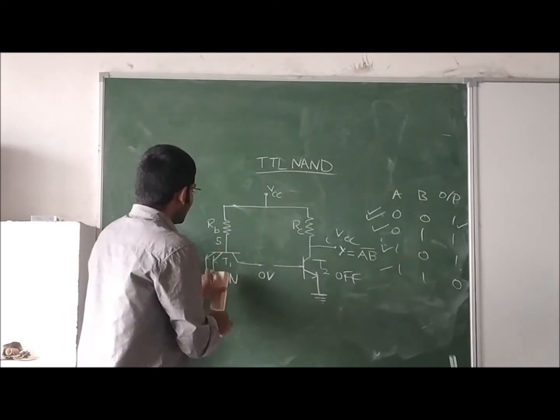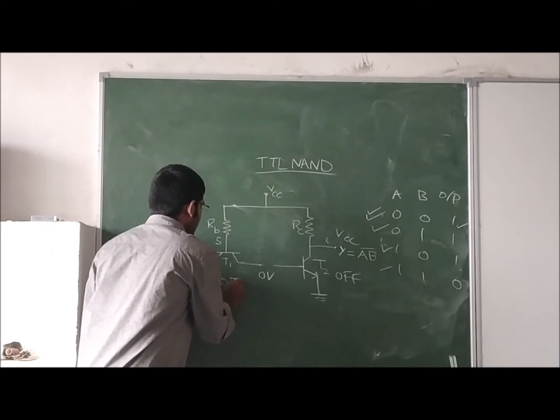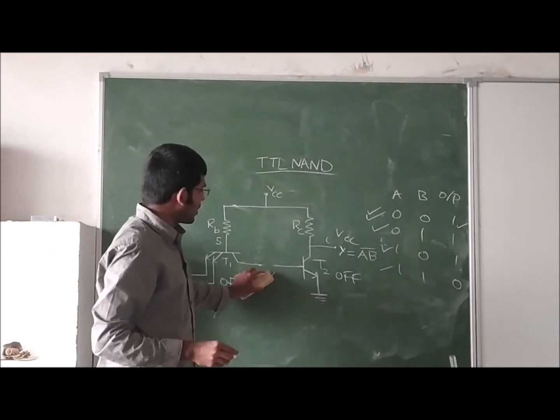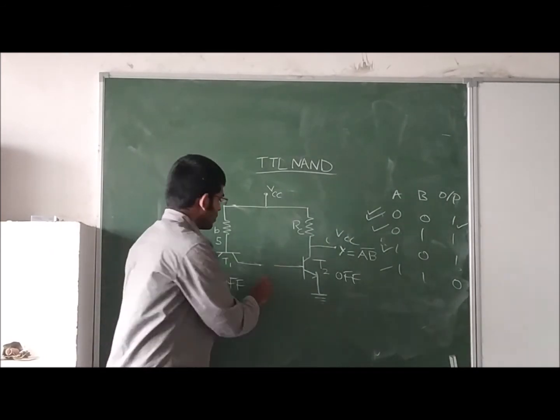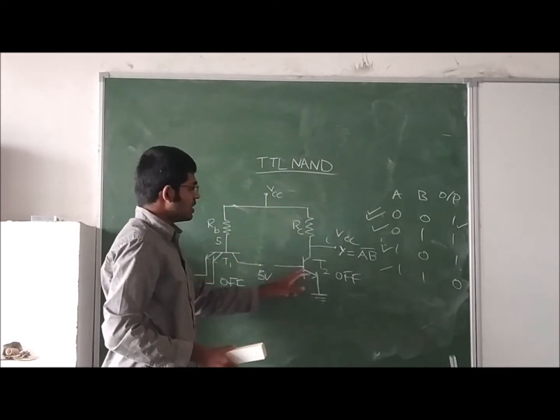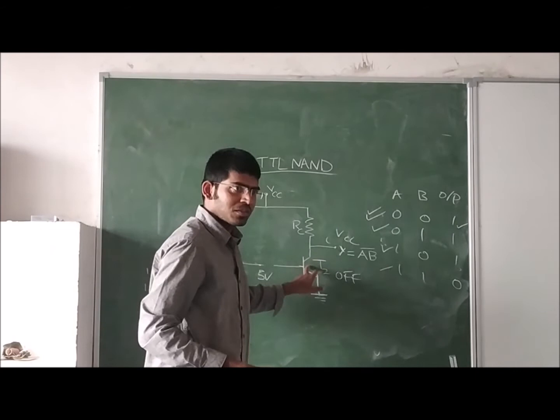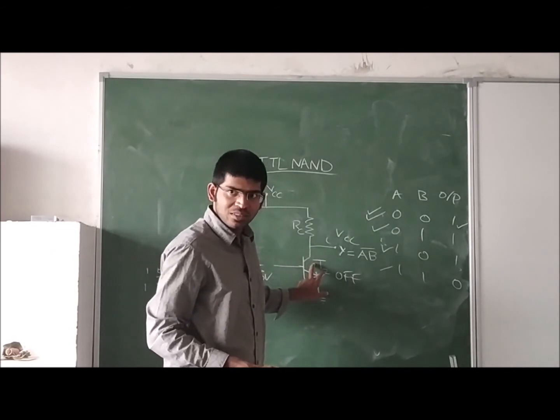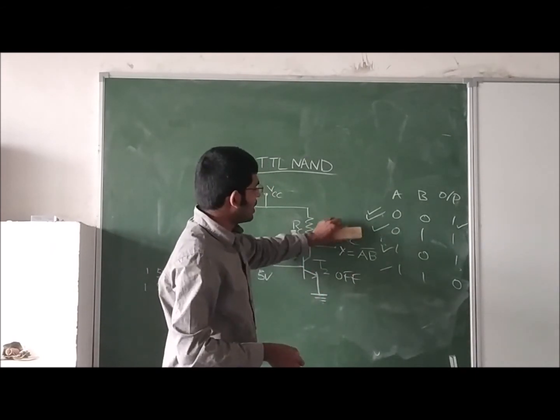So this transistor is in off condition. Because this transistor is in off condition, what is the collector voltage? Assume 5 volts. Now this transistor T2 is in on condition, and the output is 0.